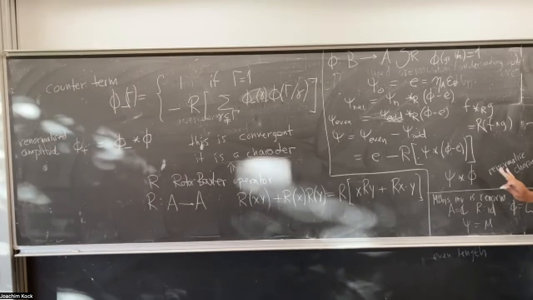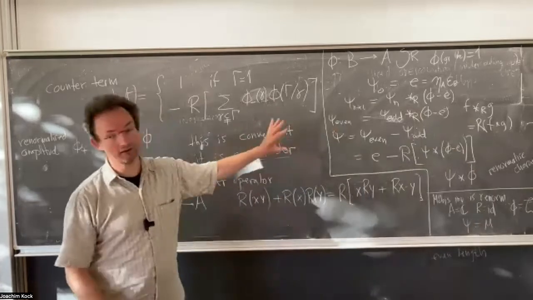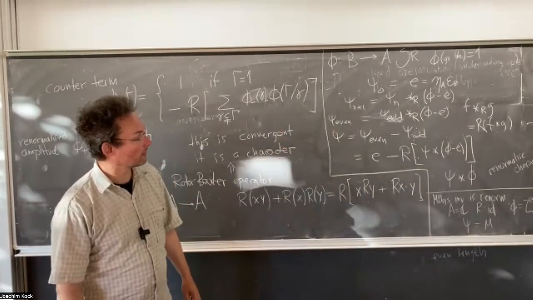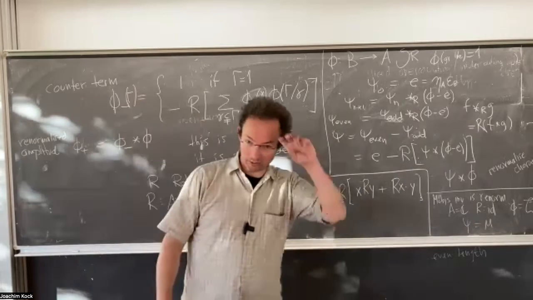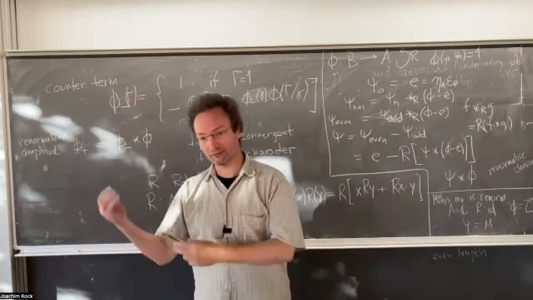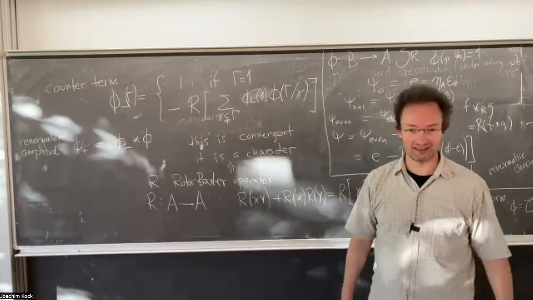So Möbius inversion at the end of the day is just a very degenerate case of renormalization. That was a little bit hurried in the end. I'm sorry about that, but some of us have to go to the next event. So I'll stop here.